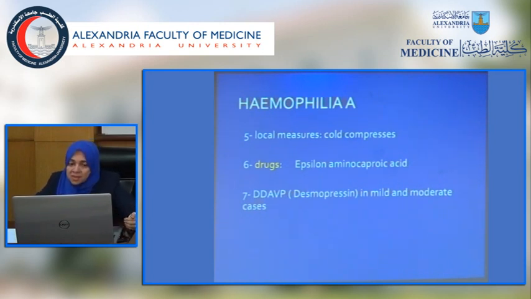Or desmopressin in mild and moderate cases of hemophilia, it can be very effective because desmopressin will promote the release of von Willebrand factor with subsequent increase of factor VIII survival secondary to von Willebrand factor complexing in mild hemophilia A. Actually, von Willebrand factor will complex the factor VIII so that it will not be degraded rapidly in the circulation.